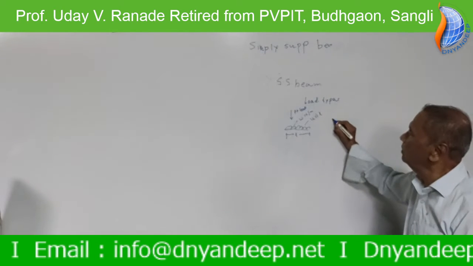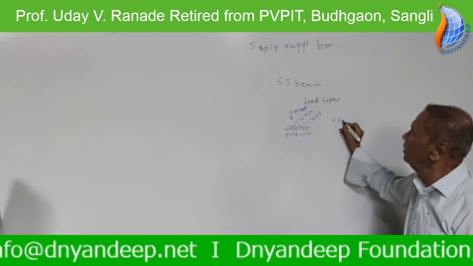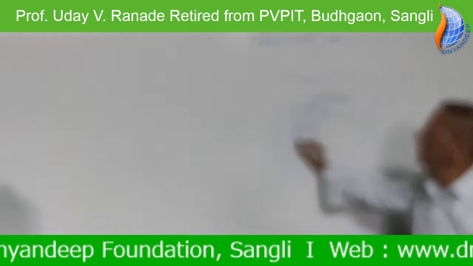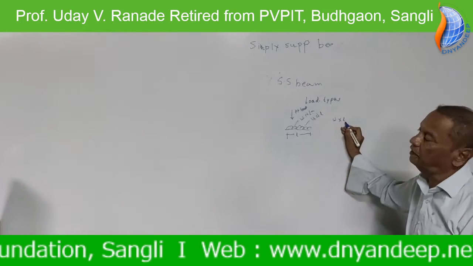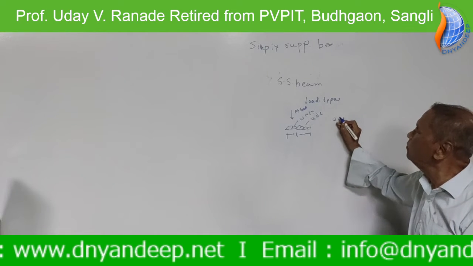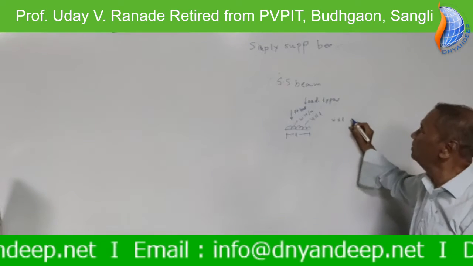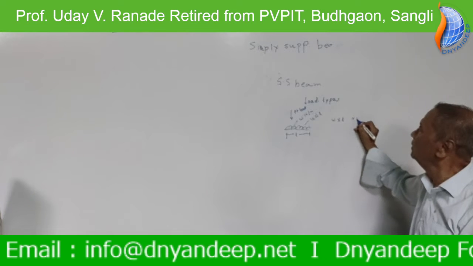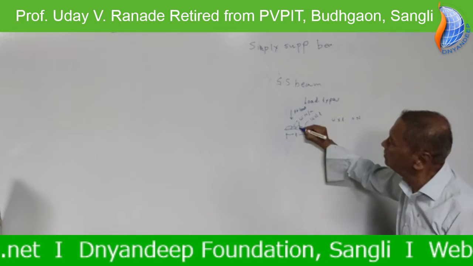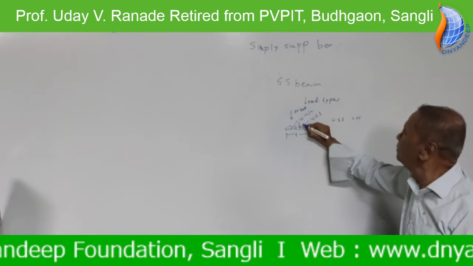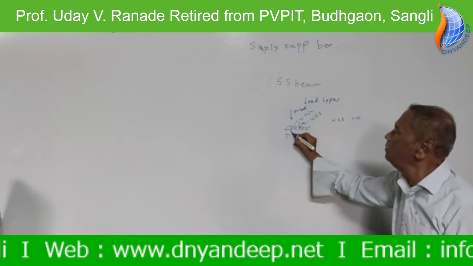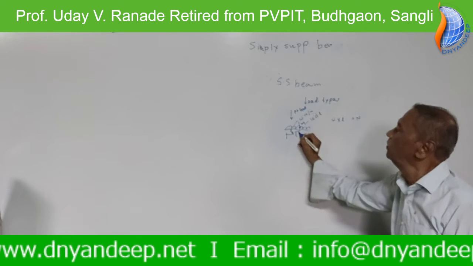Total load is W into L, because W Newton per meter and length is L, so multiplied by L. So what is its value? W into L, W Newton per meter into meter means it will be in Newton. And where it acts, at the center. So WL, it is L by 2 from the end.